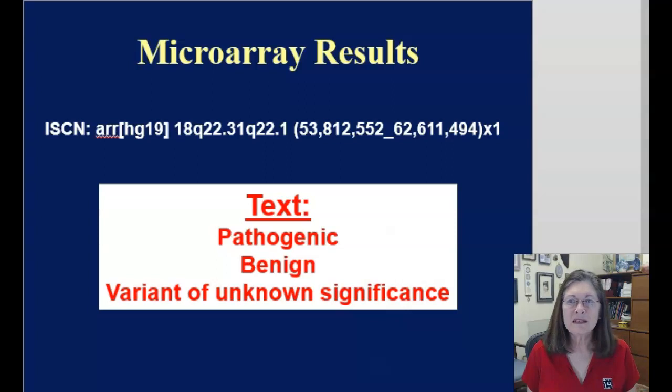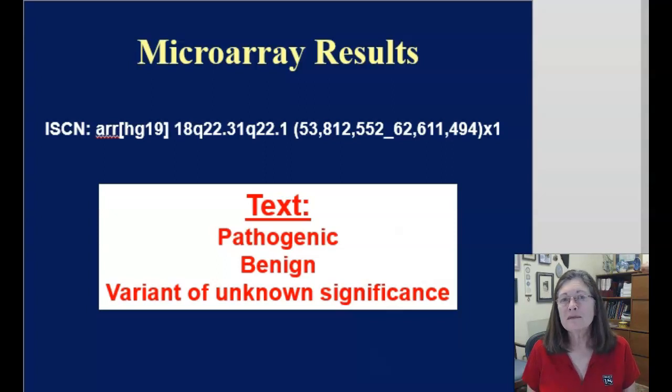The other thing you might see in the text are words about pathogenic or benign, which, my opinion about this is, it's kind of a crazy designation, and it's evolving what those terms mean. So a gene that's said to be pathogenic when you have one copy is very rarely pathogenic or causing a problem in every single person that has one copy.